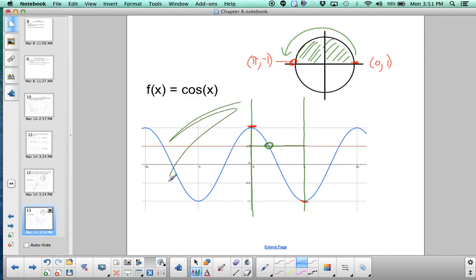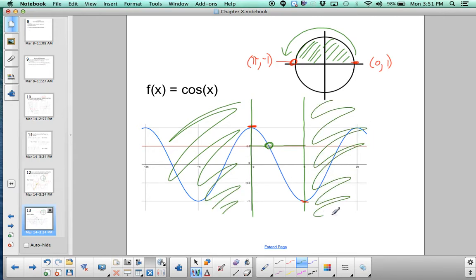So I'm going to get rid of this piece of the graph and all of this over here, and we're just working here between 0 and pi. So when we have cosine x, if we would like to work with the inverse, then we're going to need to restrict our domain, in this case, from 0 to pi.